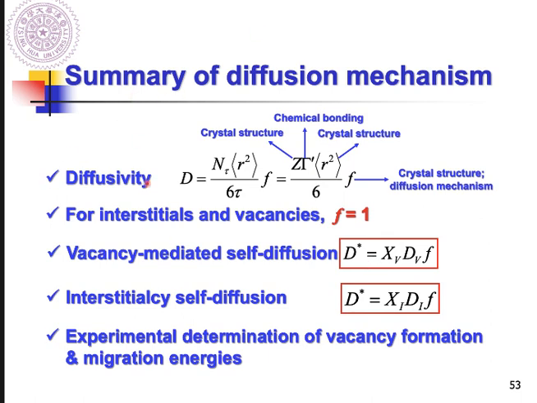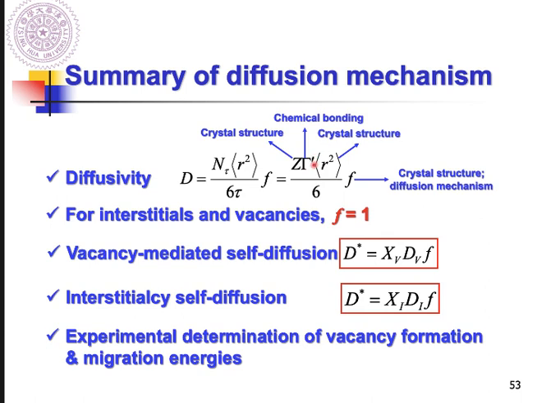In the first section, we showed you how to link the diffusion phenomena at the macro scale and the diffusivity at the micro scale. After several derivations, we get the diffusivity equal to the total jump rate times the mean square jump distance divided by 6, times the correlation factor f.